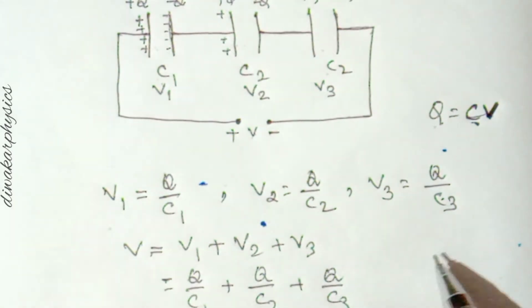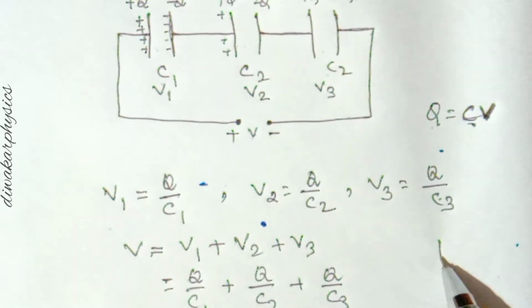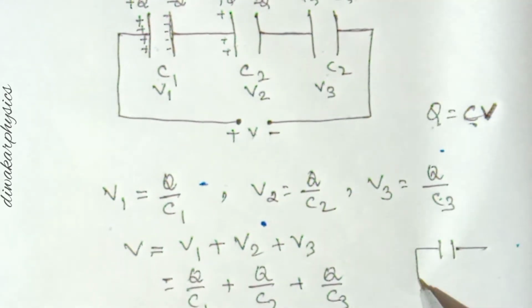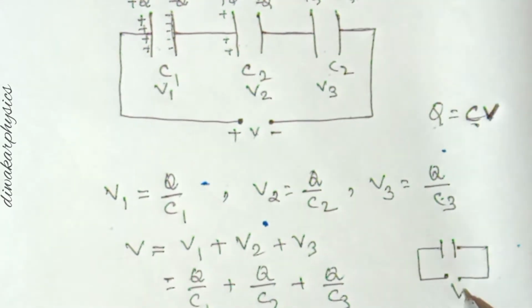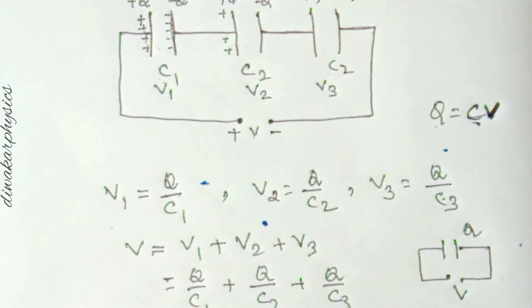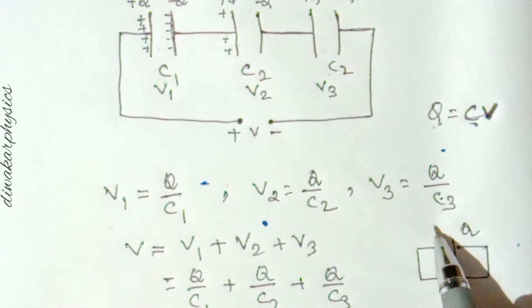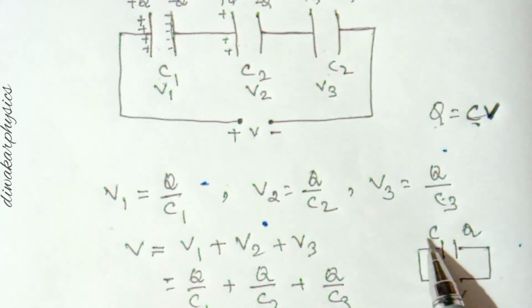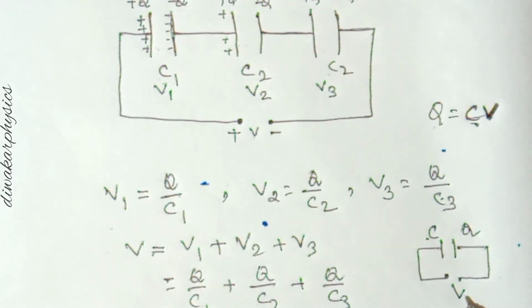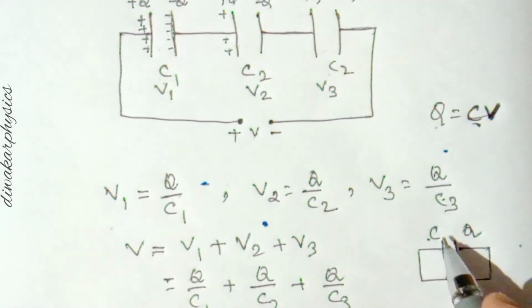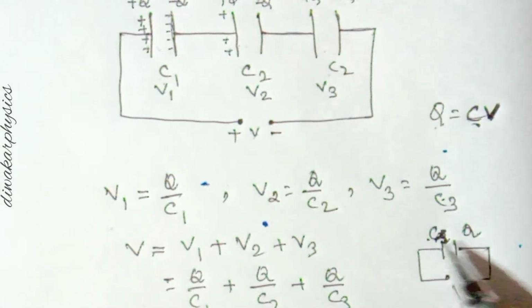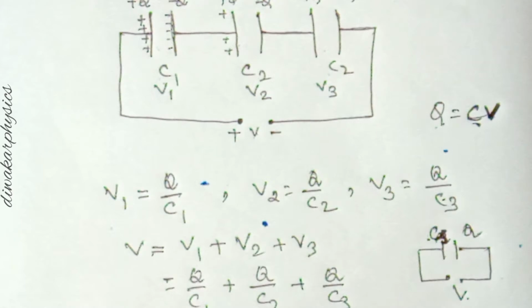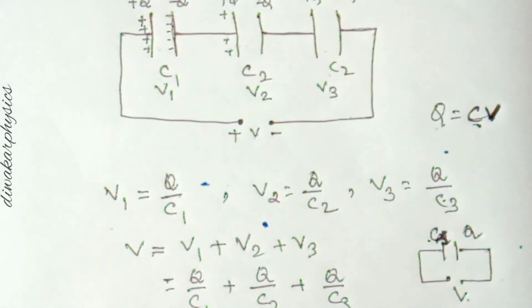If you consider one capacitor where this V can establish charge Q, what will be the relation between C, Q and V? V is equal to Q by C equivalent, or I'll write series equivalent, CS. So V is equal to Q by CS.